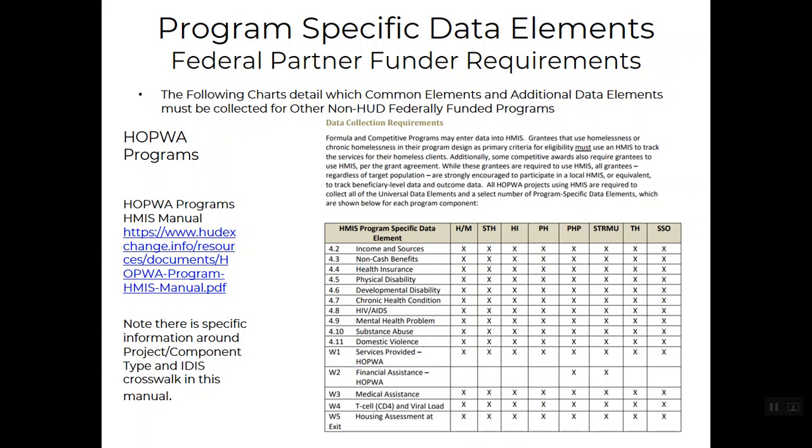If you do not use those characteristics as a program design criteria or eligibility, then you may use HMIS. We strongly encourage an agency that collects data about one program in an HMIS to collect data about all of their programs in an HMIS.